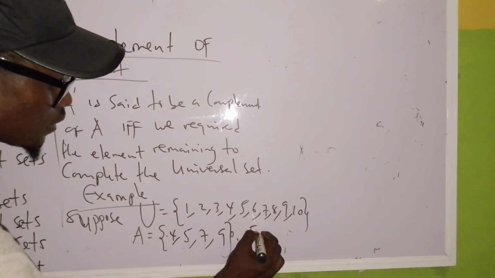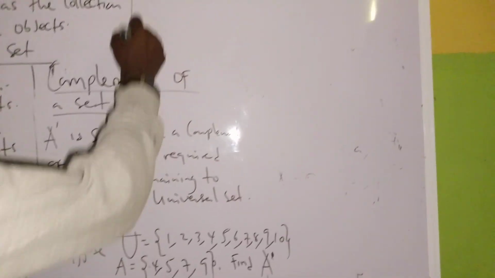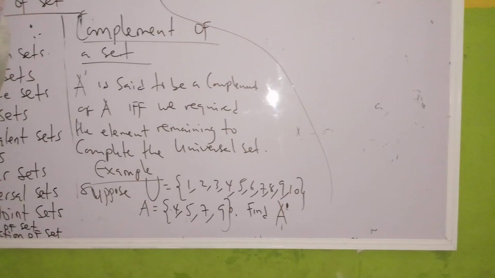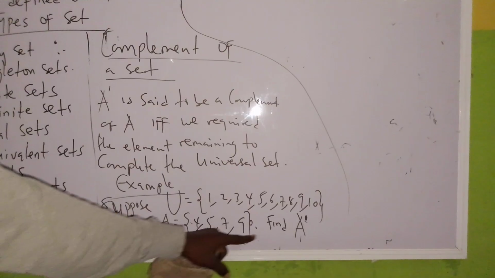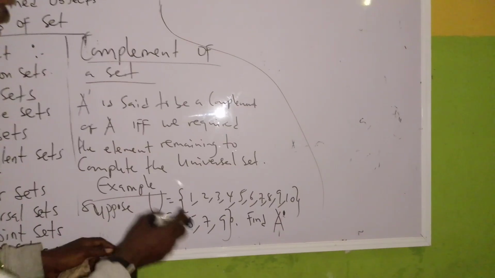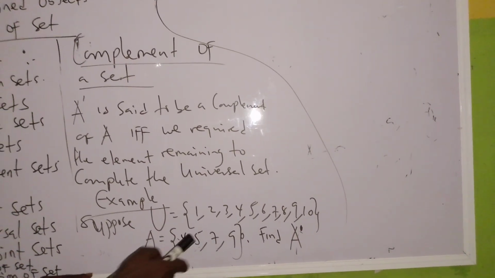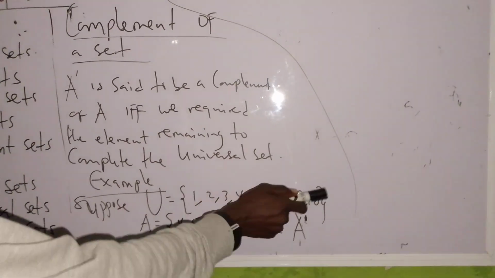Find the complement of A, that's A prime. Look at the universal set and look at set A. This is the universal set, this is A. So what elements are remaining for A to meet up with this universal set?